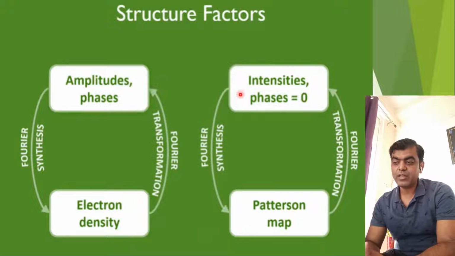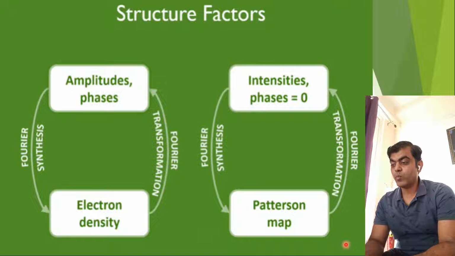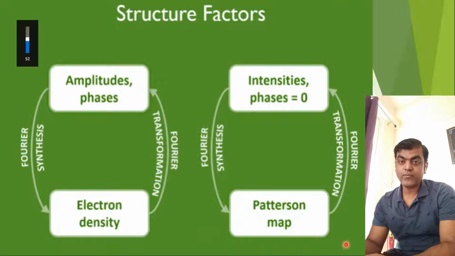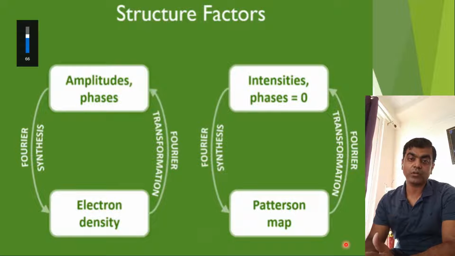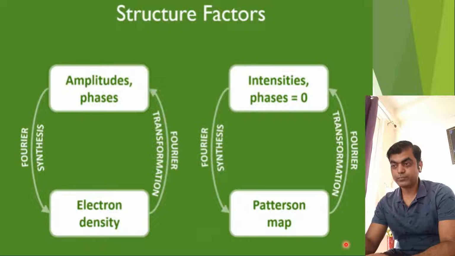In that condition, we do it not with the electron density, but with the Patterson map or the Patterson expression. Once you do it in the Patterson expression, then we have by default taken the phase of the adjacent atoms at different angles. Then we do a Fourier transformation, and once you do that we come back to the structural pattern where we will have the phase information also.